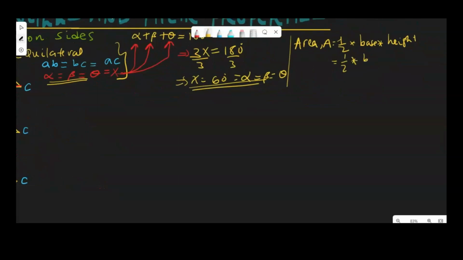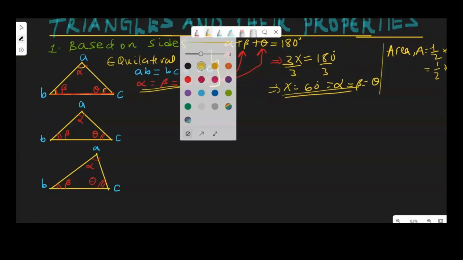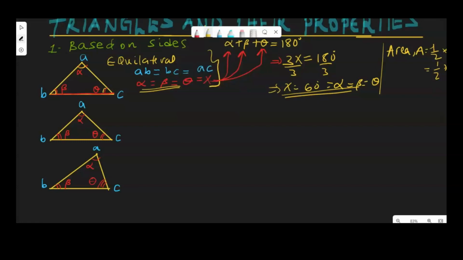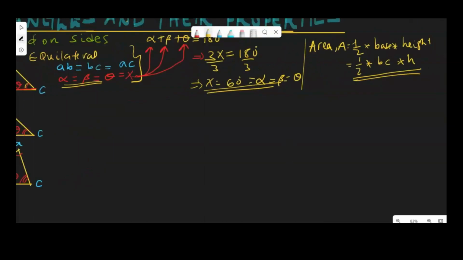So the base is BC times, alright, what's the height of the triangle here? The height is not given, but we have to find the height in some way. So how do we find the height? Let's start from vertex A all the way down in a straight line which makes 90 degrees to the base. So that is our h value. That's our h. So this is how we calculate the area of an equilateral triangle.